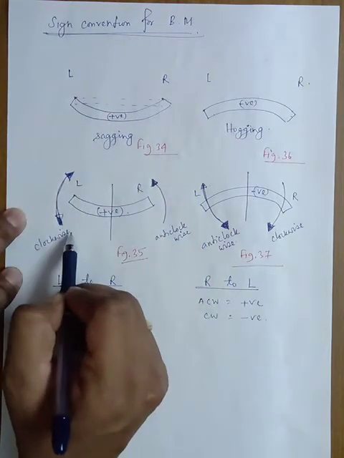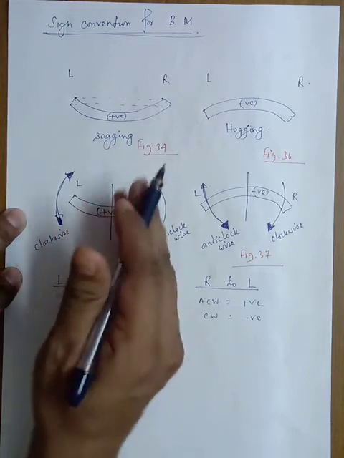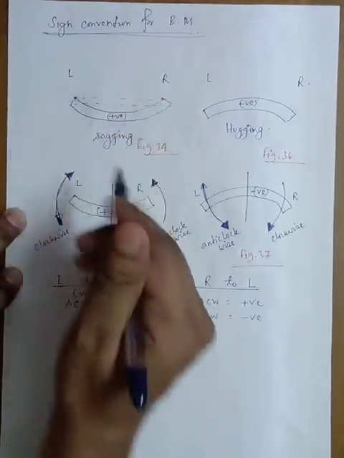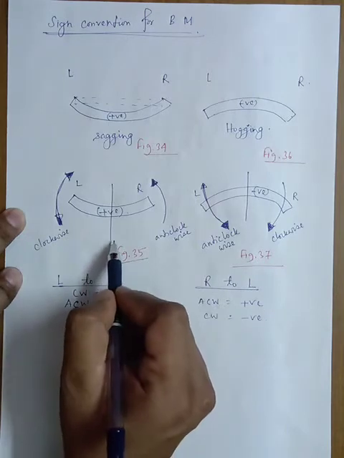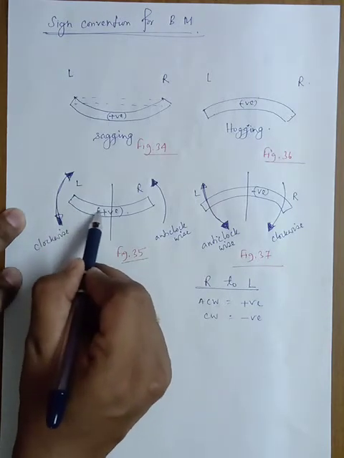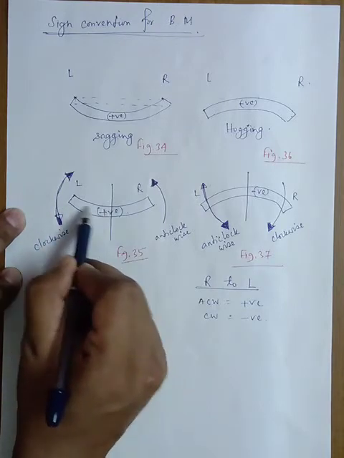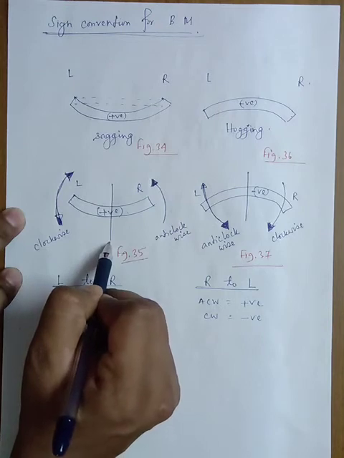Then all the moments which come under this section, suppose at this section you need to find the bending moment, then moving from here, the moments which will be there in this portion you need to just sum up, then you will get the moment at this section.